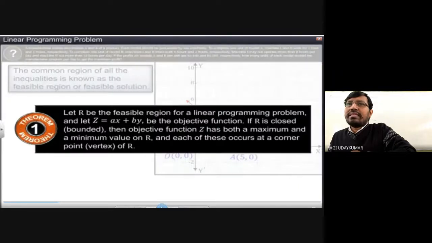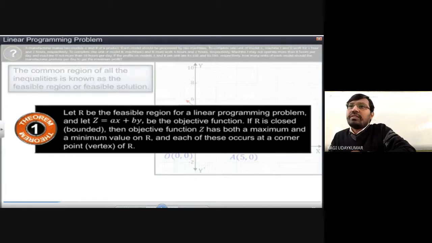Based on two theorems, we are going to find the maximum or minimum of the given problem. What are the theorems? Let R be the feasible region of the linear programming problem, and z equals ax plus by an objective function. If R is closed, meaning in the previous problem we got a closed region, the feasible region is closed and it is called bounded.